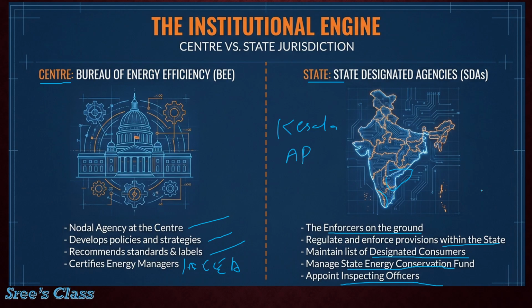So there are lots of other things they are doing, apart from the enforcement of the EC Act, they are doing renewable energy also. So those kinds of SDAs are also available.